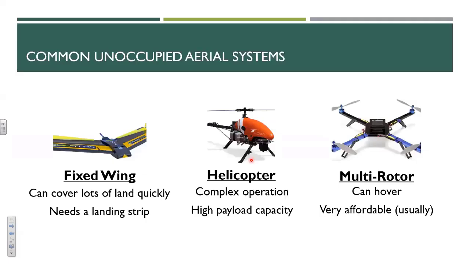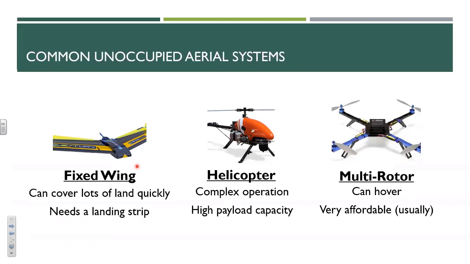A few of the most common UAVs are fixed-wing, helicopters, and multi-rotors. So fixed wings, these are great because they can cover a lot of space very quickly, but they do need a landing strip. So if you're out in the middle of a field, no roads around, you're going to have issues landing. And then helicopters, these are also good because they have a high payload capacity, so you can put extra cameras on them.